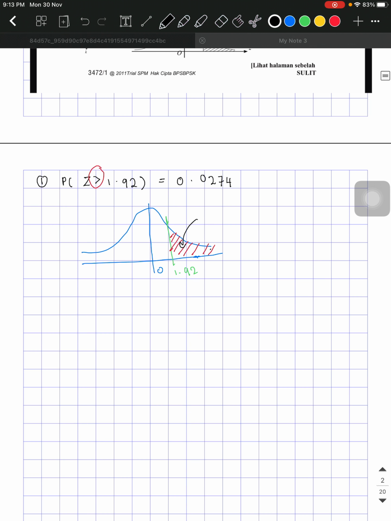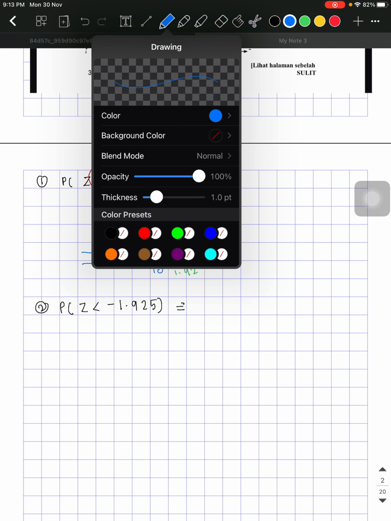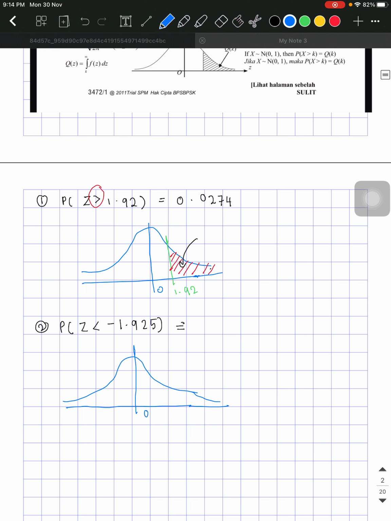Let's take a look at question 2, which is P(Z is less than negative 1.925). Again, we need to draw the bell-shaped graph. This is 0, and where is negative 1.925?